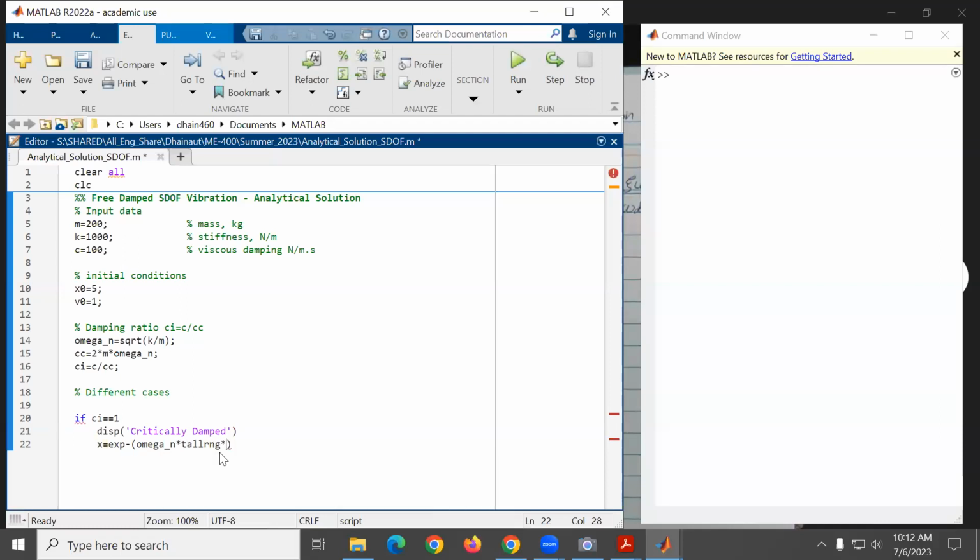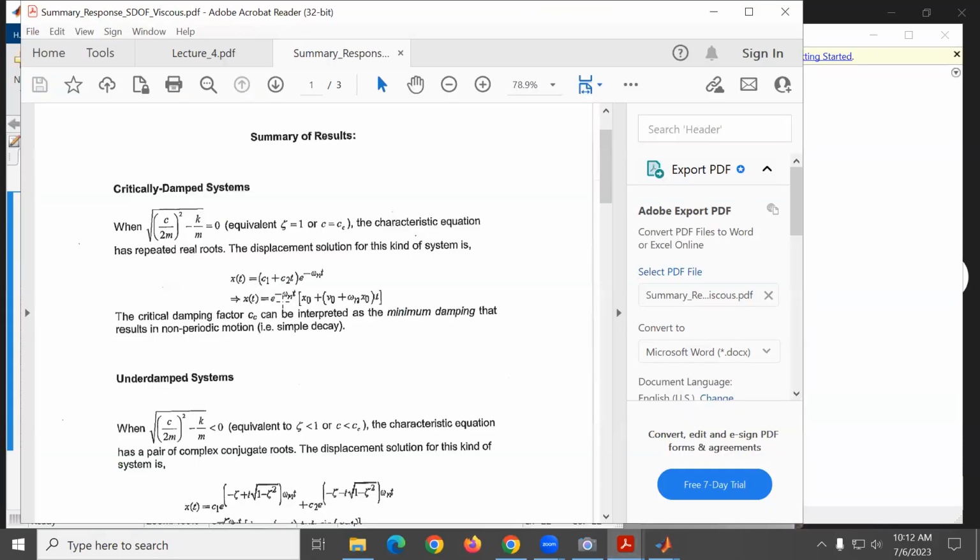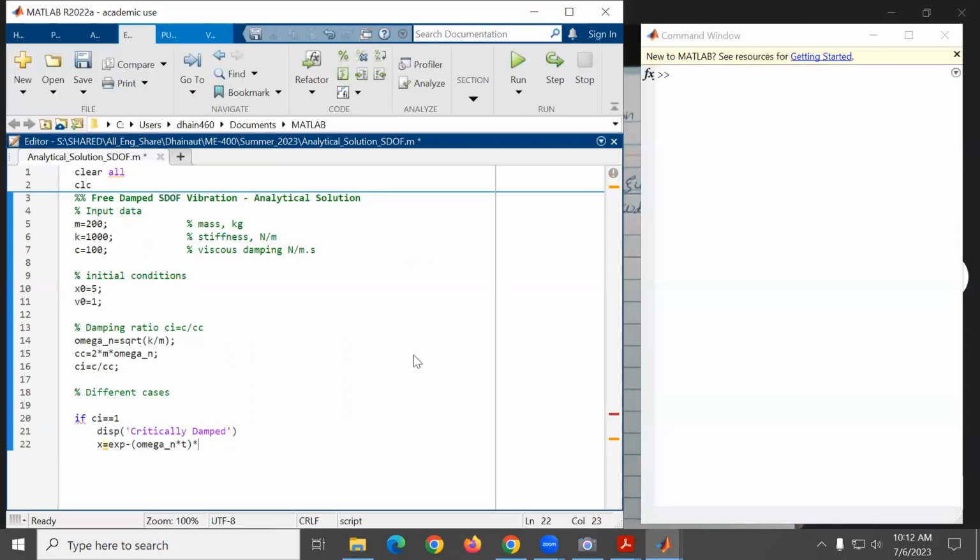We need to copy that expression here, minus omega t, times x sub naught, plus, there's a parenthesis here of v sub naught, which will be v sub 0.